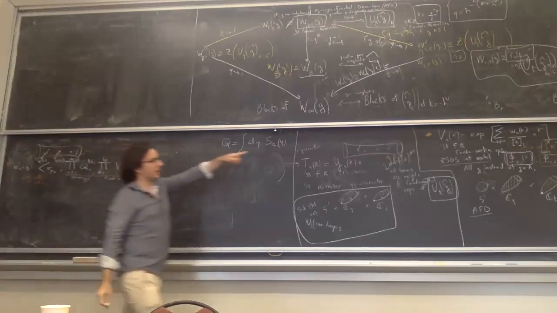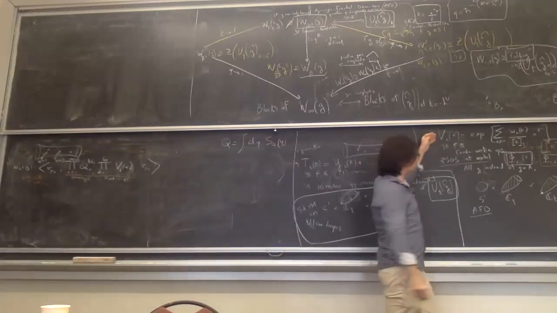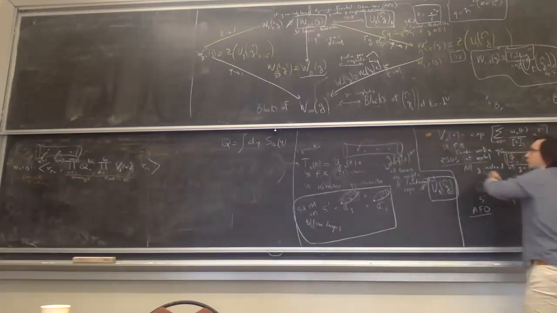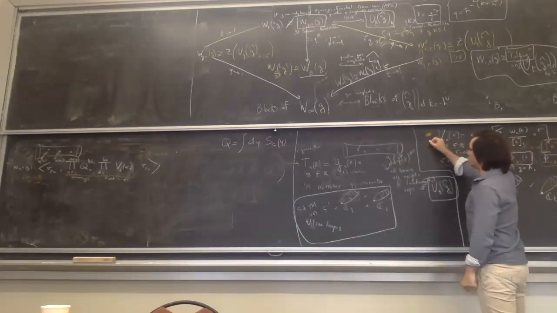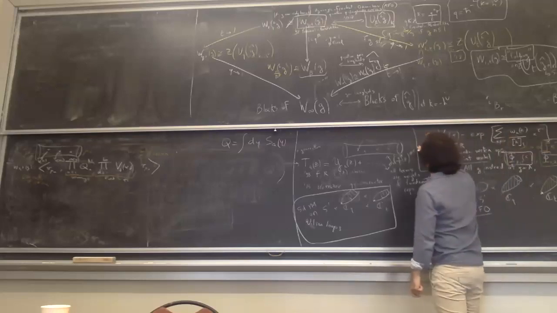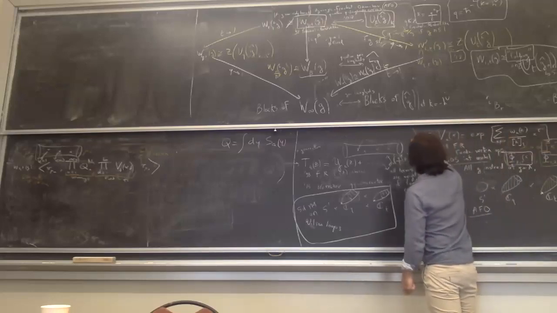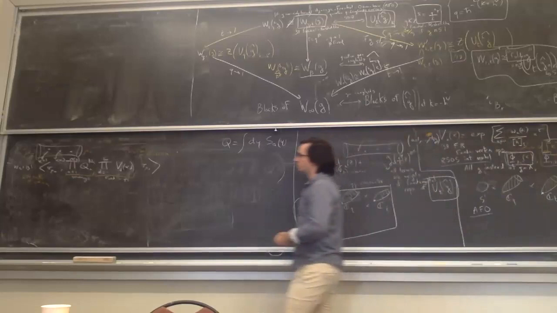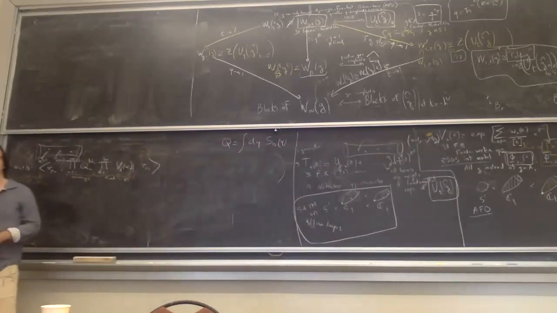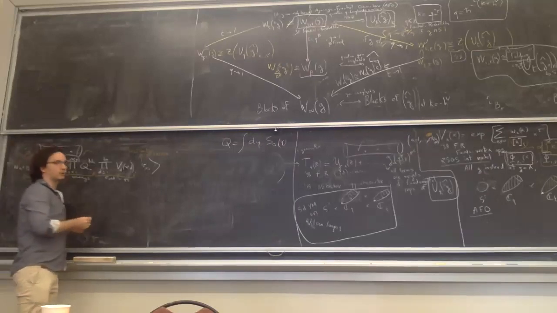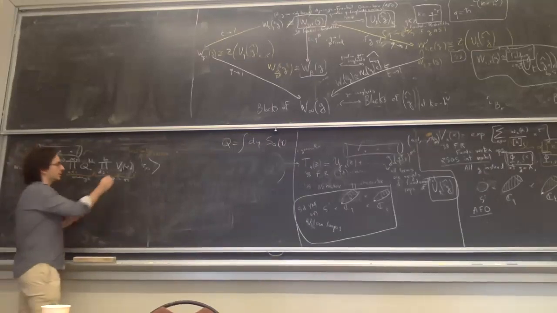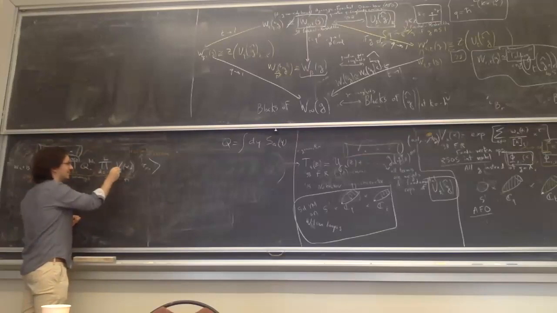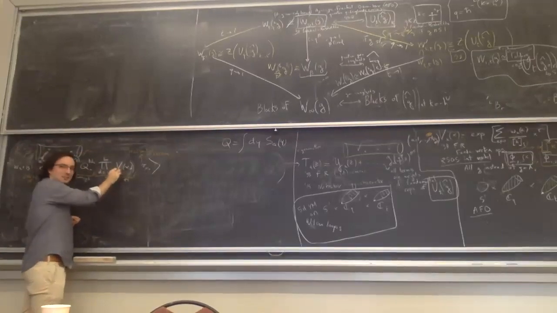So all of these, A, runs from 1 to rank of G. They're labeled just by the fundamental representations of G. Okay, so A runs from 1 to rank G. I should probably have a multi-index or something, some AD or DA maybe.